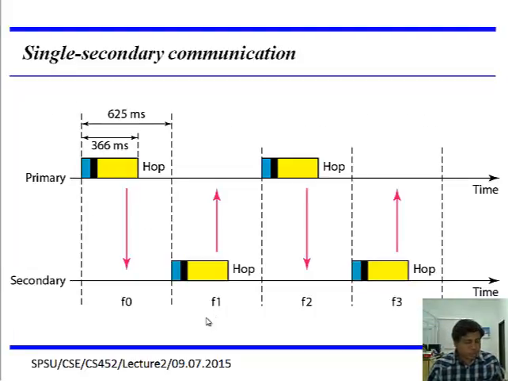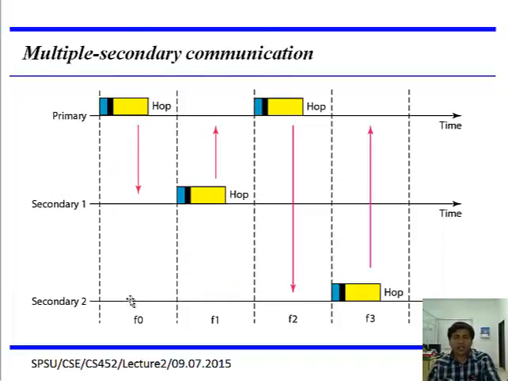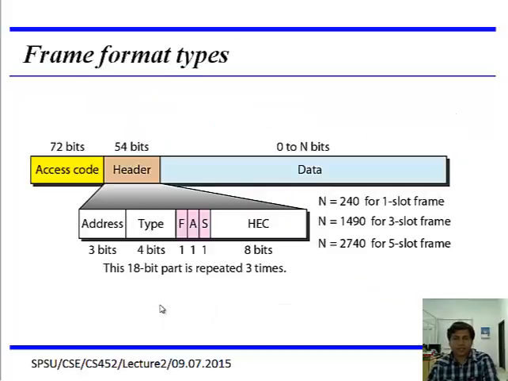Now coming back to the Bluetooth baseband layer. The baseband layer handles two things: single secondary communication and multiple secondary communication. This is a picture, but we have already discussed it. Now let's discuss the frame format of Bluetooth.